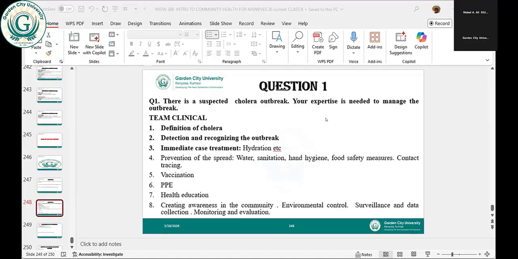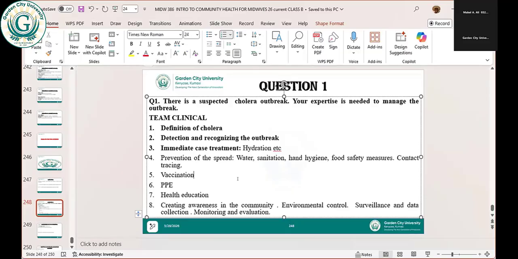Somebody said, we don't have the notes. You don't need the notes from me because when I was lecturing, you could have jotted the points down. So managing epidemics involves 3 things. The first thing is that you treat.